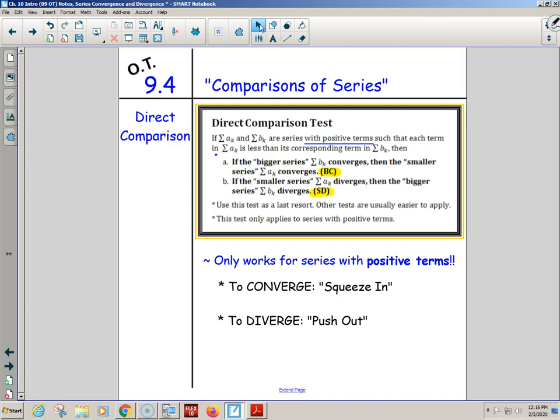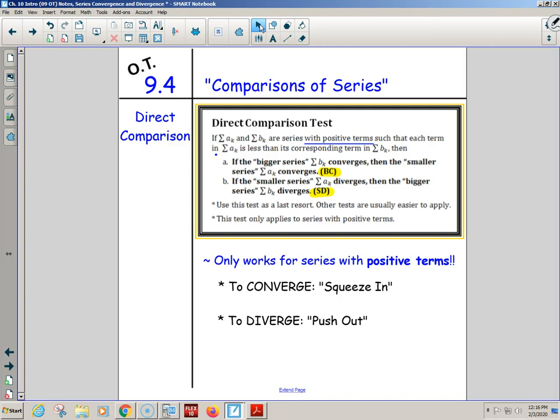I'm smaller. Okay, bigger. If she's converging, is she going to infinity or is she coming to some sort of constant? All right, converge. Come on, bigger. Converge. I don't know where we're converging to, but what's going to happen to me? I get squeezed into converging. Can I go to infinity if this bigger is converging? No. Now, wait a minute.